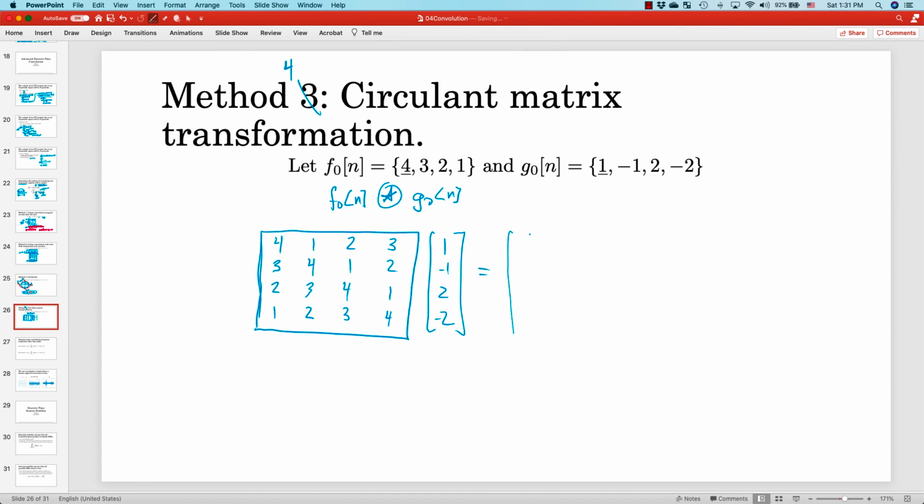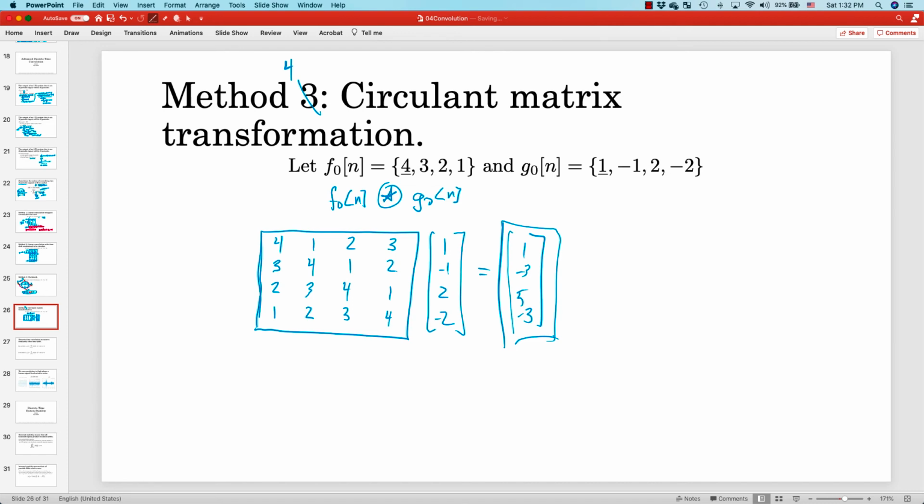If you do this matrix transformation, and this is why I say it's a more practical approach, because this is a more computable way, or a way to instruct a computer to do this, you would actually get the same answer that we have been getting the whole time. Something like 1, minus 3, 5, minus 3. Okay, so that's 4 different ways for you to visualize how to accomplish what's called a circular convolution.